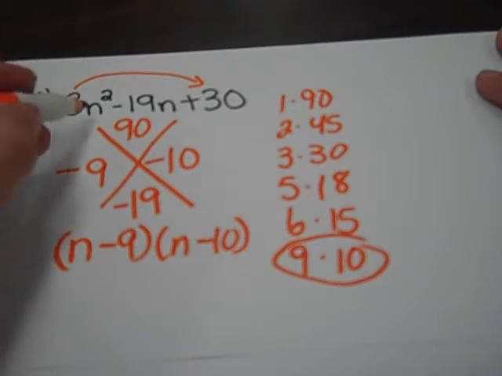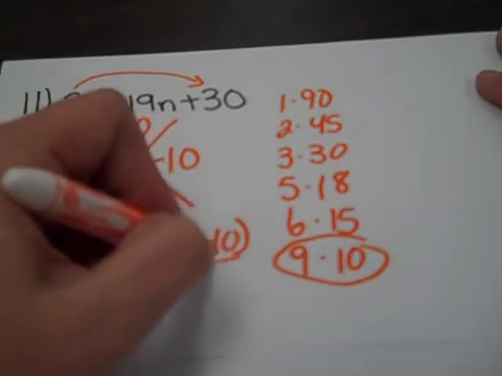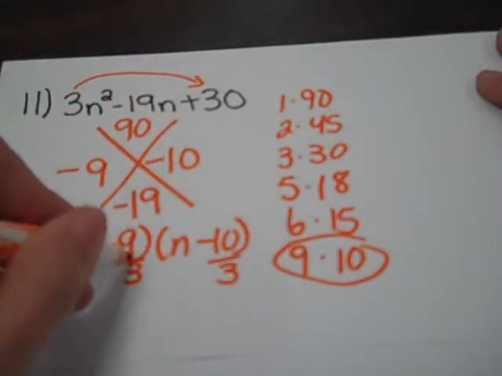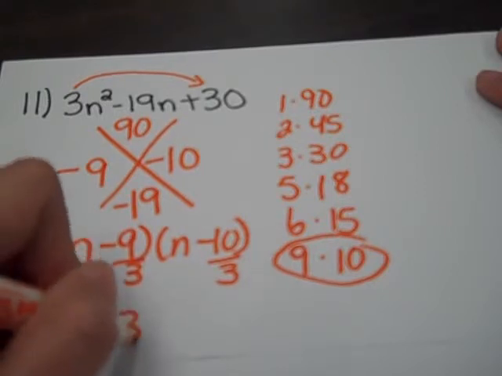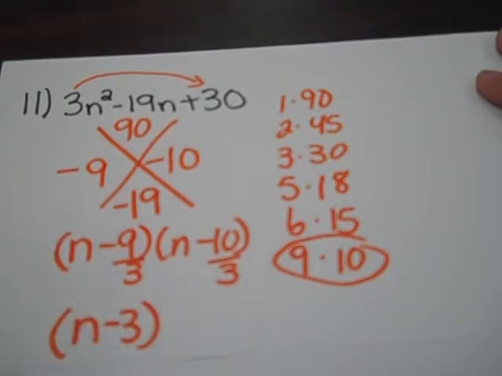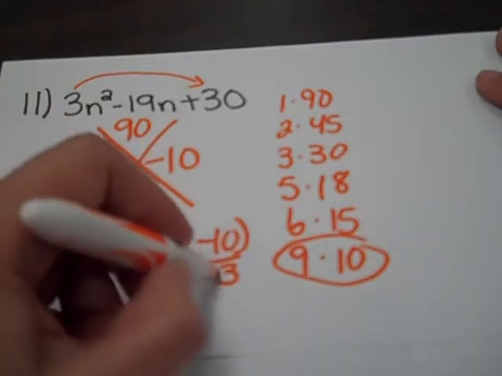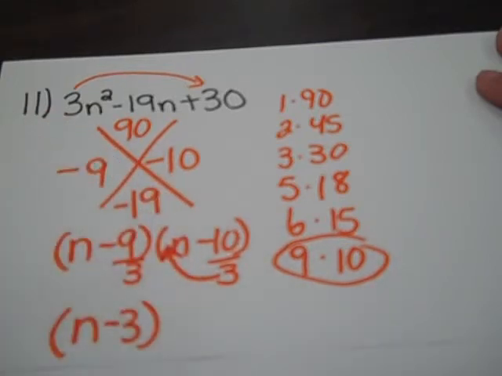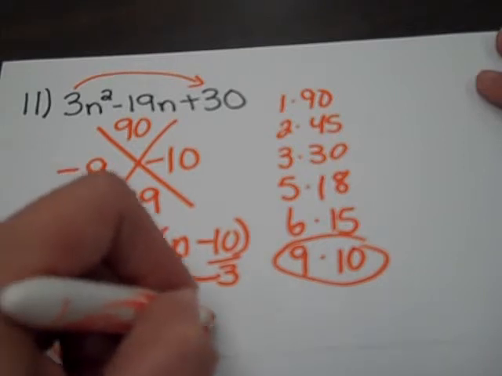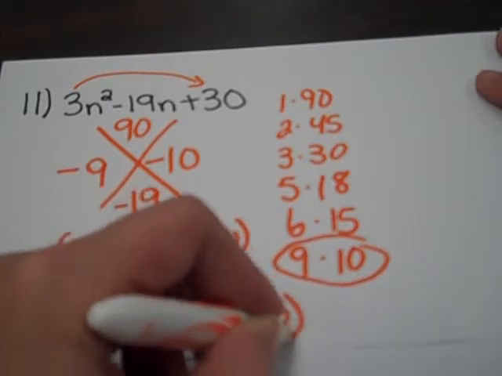The number that I slid was 3. Negative 9 divided by 3 is negative 3. That divides evenly. 10 does not divide by 3 evenly, but it won't reduce. So my 3 will slide right up before that n, and I will get 3n minus 10.